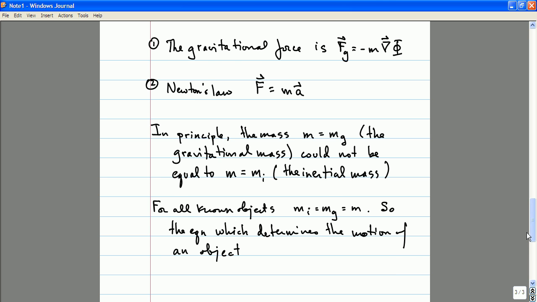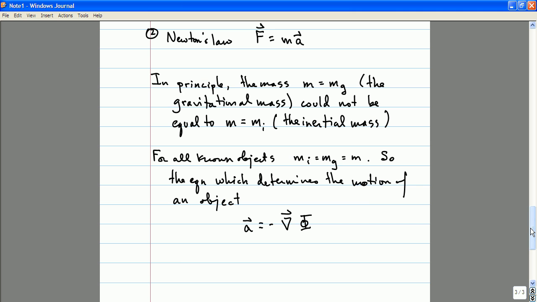So what is the equation? It says that a is minus the gradient of the gravitational potential, independent of the mass of the object that we are studying. The m's on the left and the right-hand side of that equation have canceled.